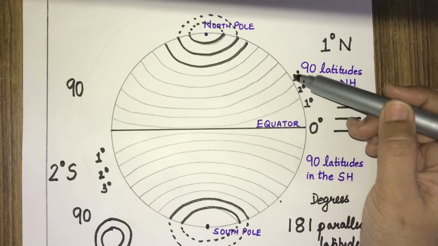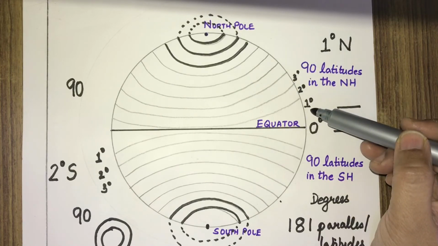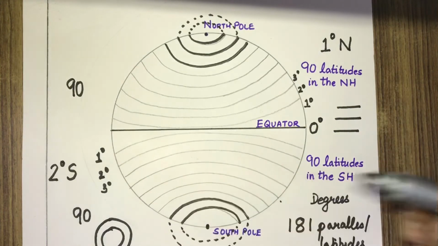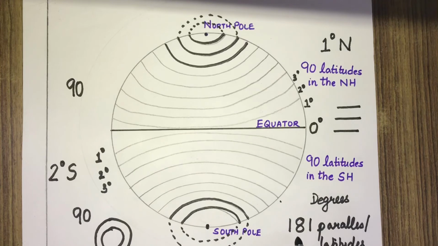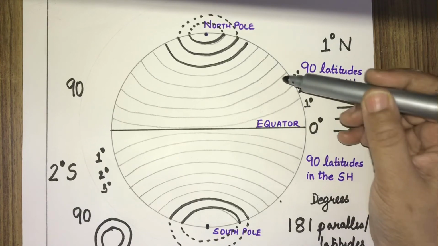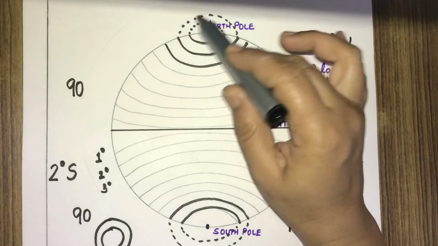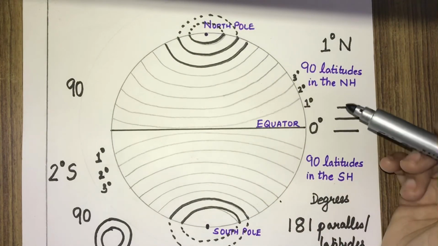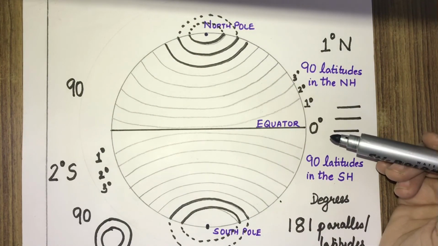All these parallel lines are measured and written in degrees with the letter N or S. In all, there are 181 parallels or latitudes. And as we move away from the equator, the circumference of these lines keeps on decreasing. Now in the next video, we will learn about some other important latitudes.